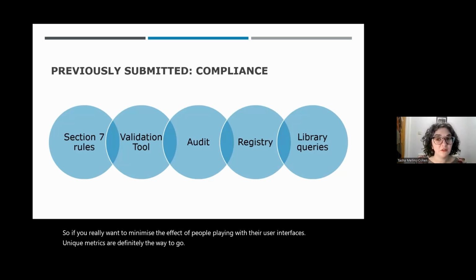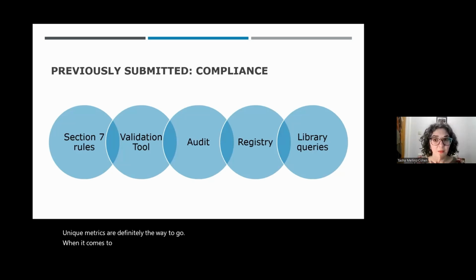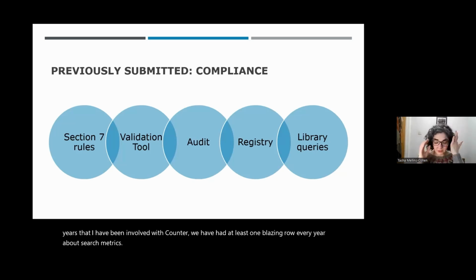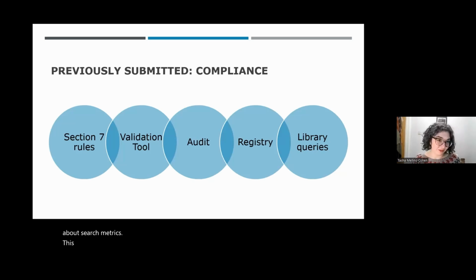When it comes to searches, this is a bit of a complicated one. And what I will say is that in the 8 years, nearly 9 years, that I have been involved with Counter, we have had at least one blazing row every year about search metrics, because this is to a very large extent dependent on the technology stack that the publisher has implemented.